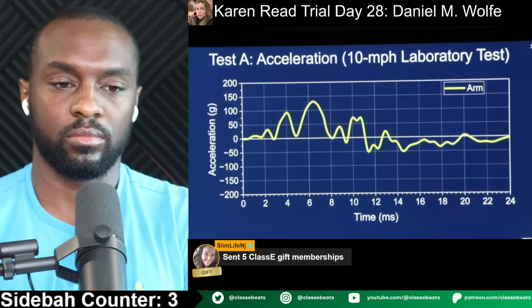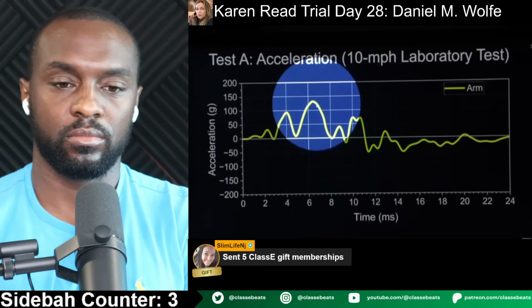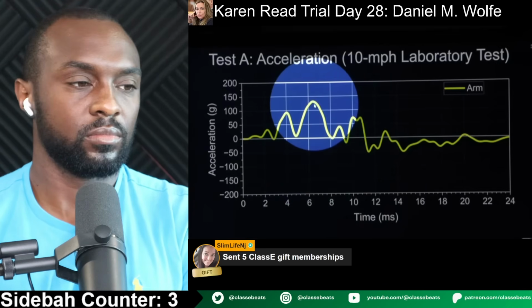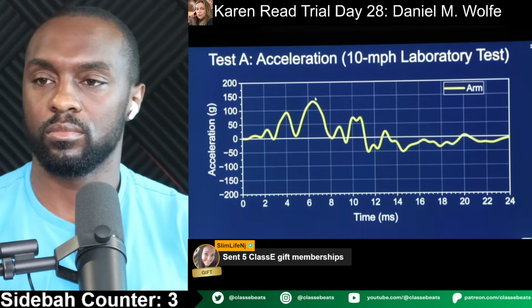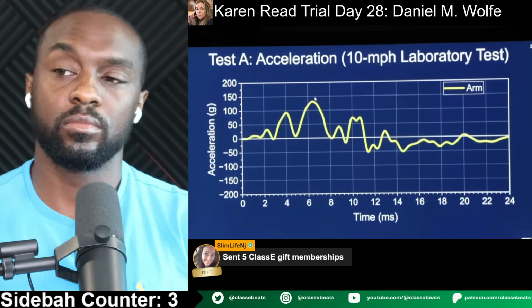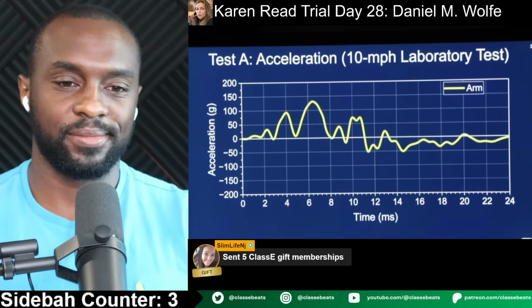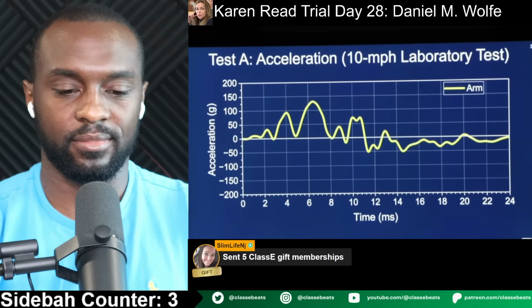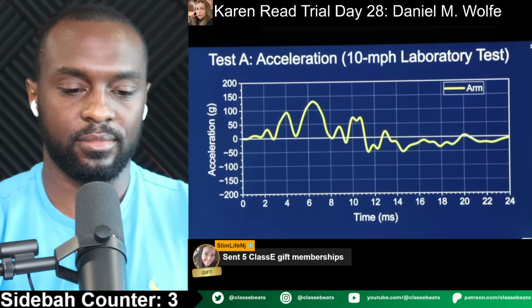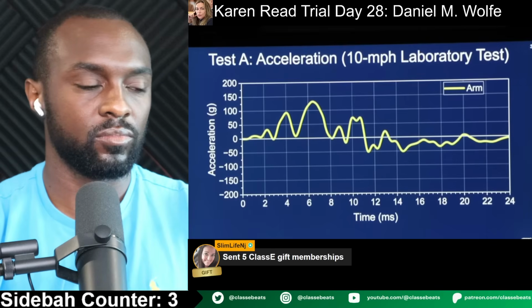So the peak is occurring right around here, at just over 6 milliseconds. And the peak acceleration is just over 130 Gs. And what does that mean? What is a G? A G is a measure of force, acceleration due to gravity. If we're being held down by 1 G, you could think of it as basically a multiplication factor, that it's 131 times the acceleration due to gravity. And the next slide, please.